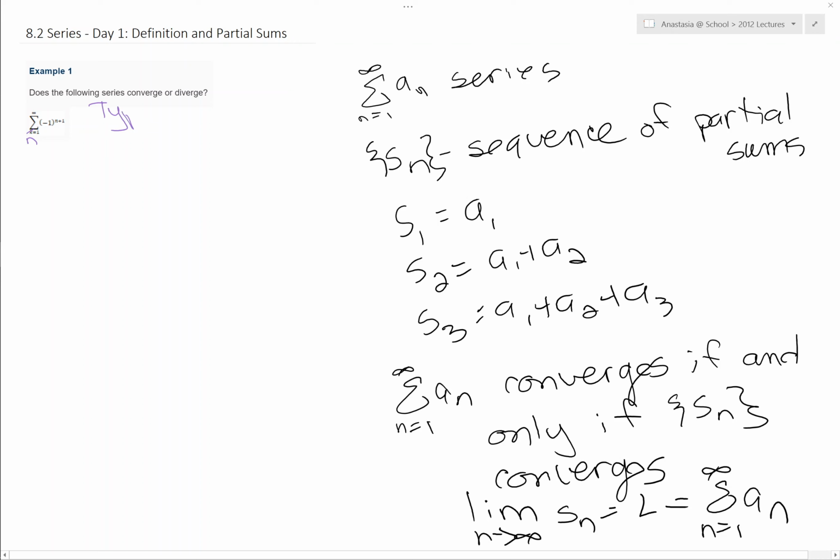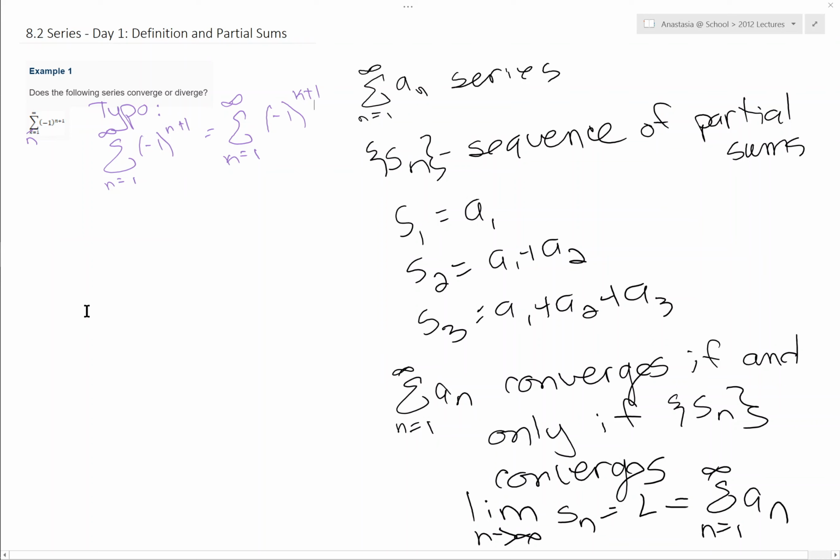So this could say either the sum from n equals 1 to infinity of negative 1 to the n plus 1, or it could equivalently say the sum from k equals 1 to infinity of negative 1 to the k plus 1. But you shouldn't have mixed letters for the index, okay? So I'm going to go ahead and go with this formula that's written in terms of n.